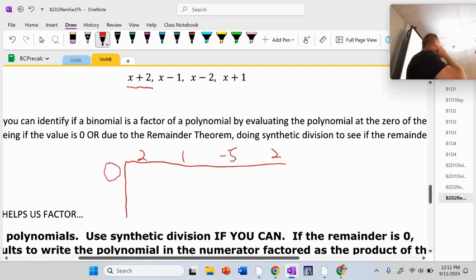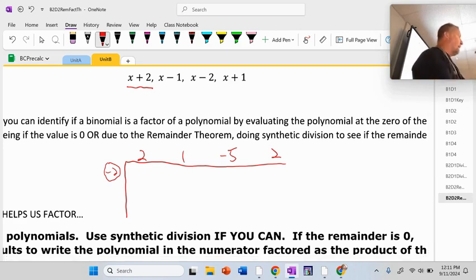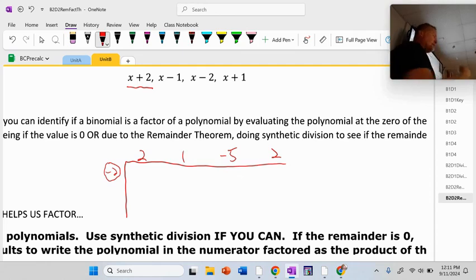It's -2. This is when you put in a -2. The previous one, I was replacing f of -2 with the remainder theorem. That means I use -2. This is not a factor. That was not on the previous question. When do we use the opposite? That's what we've got to understand.